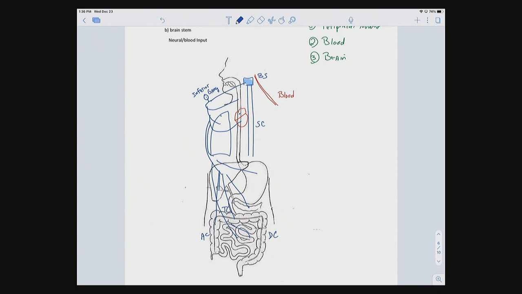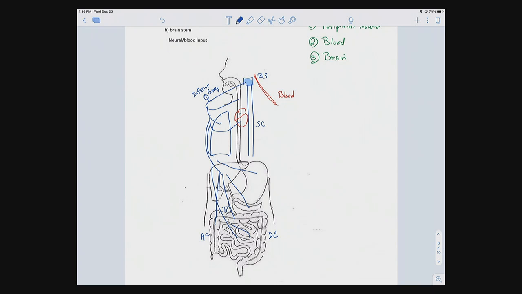So all of these little sensory endings, they're communicating what is going on in the body back to the brain stem. Now, when I say that the vagus nerve is sensory, it is, but it's a special kind of sensory. All of the sensory information here is below the level of consciousness. In other words, you're not aware of the sensory information.